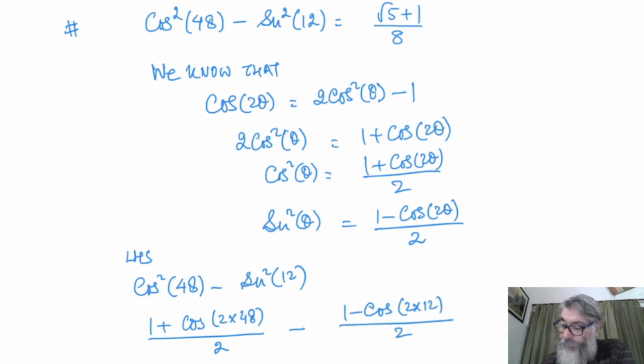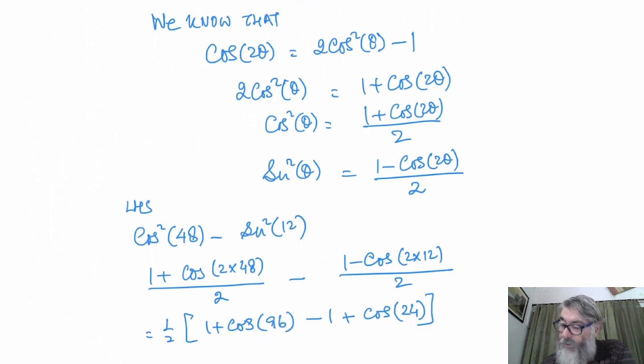So it is actually 1 upon 2 times 1 plus cos 96 minus 1 plus cos 24. The 1s will cancel. What will you get? 1 upon 2, you will get cos 96 plus cos 24 degree.